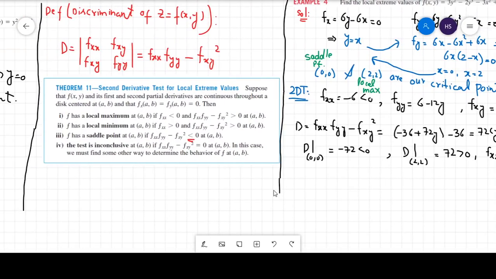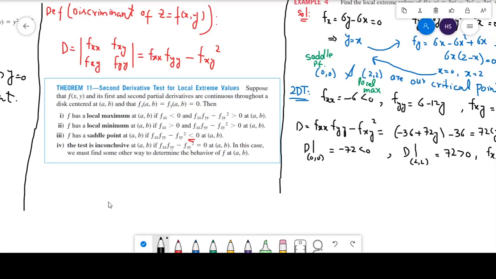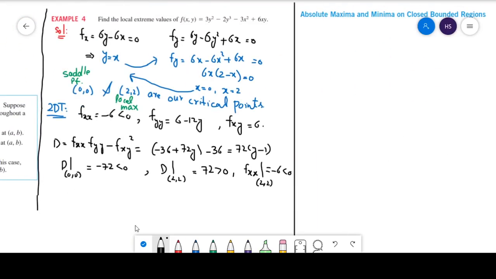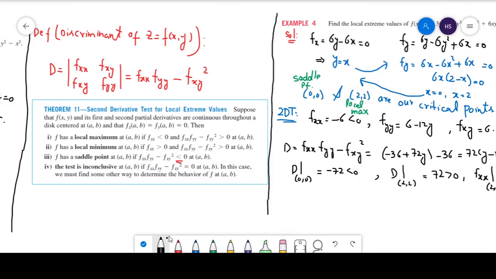So let's check the limitations of the second derivative test, where it fails.